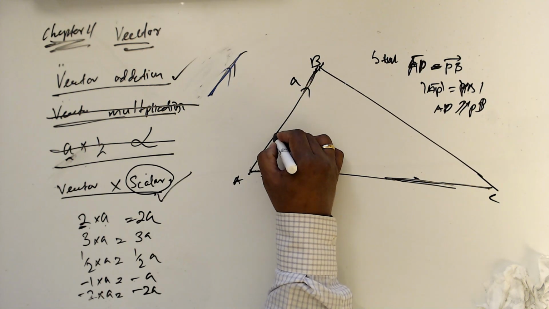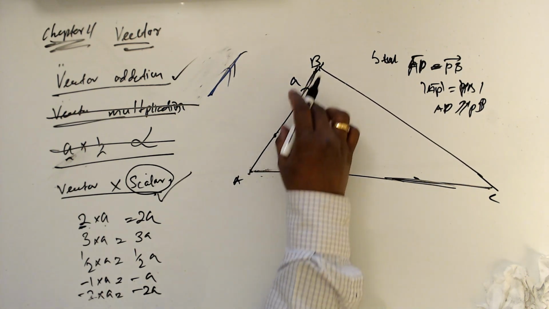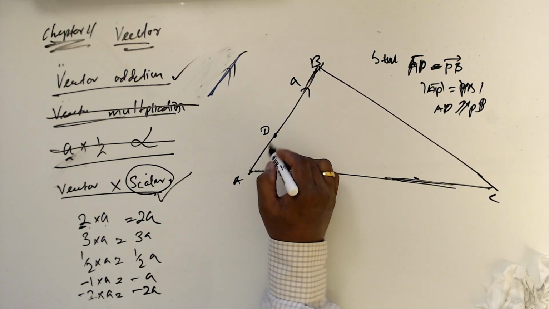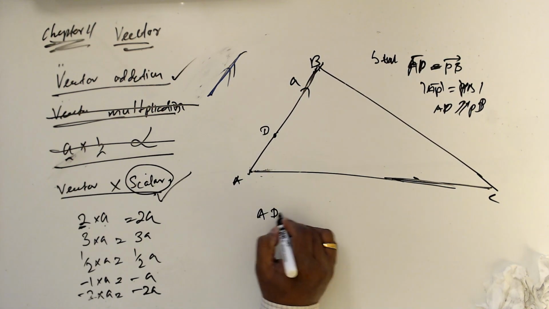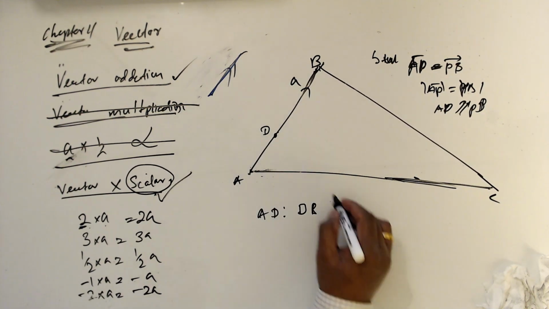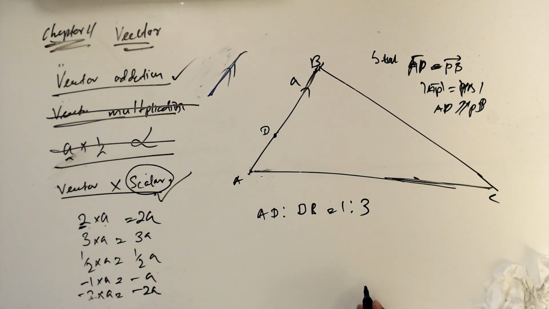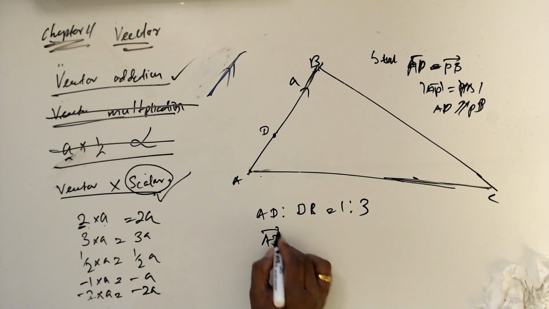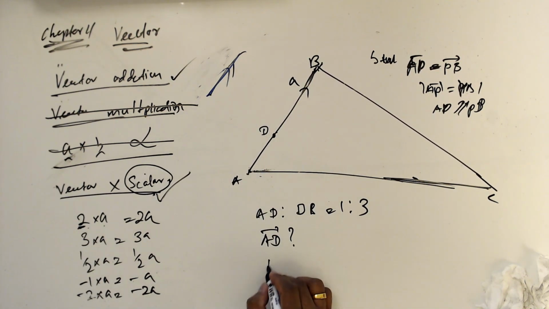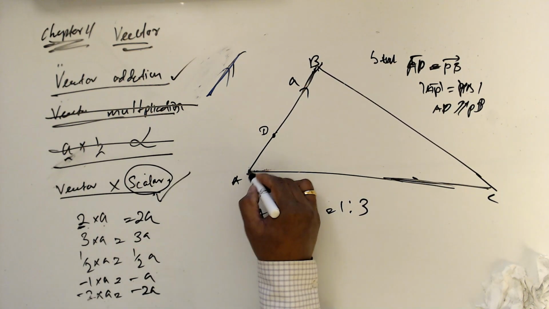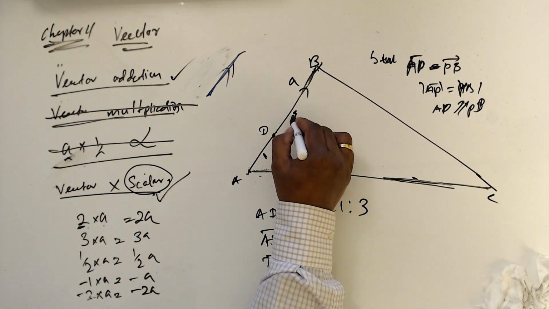I'll break this one in the ratio 1 to 3. D is here. So I will say AD to DB is a 1 to 3 ratio. What is AD and what is DB? This is 1 and this is 3.